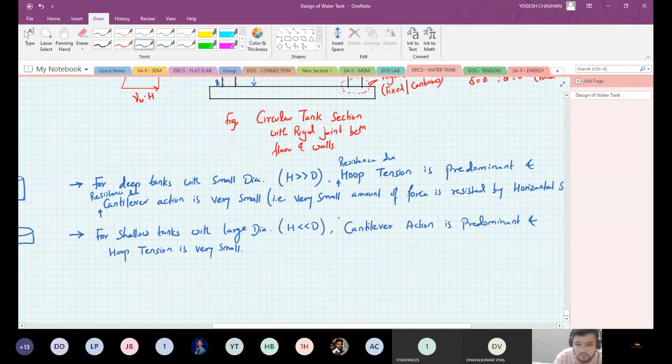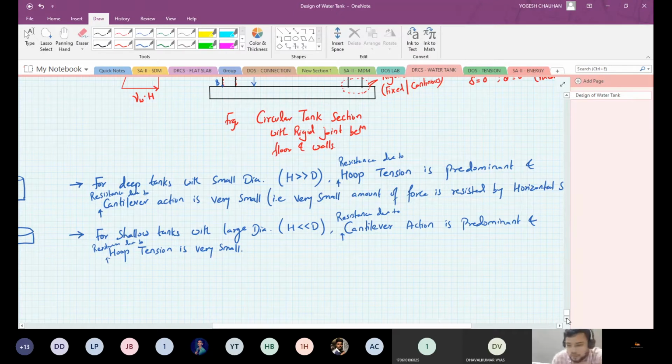Same here also: resistance due to cantilever action is predominant, and the resistance due to hoop tension is very small.